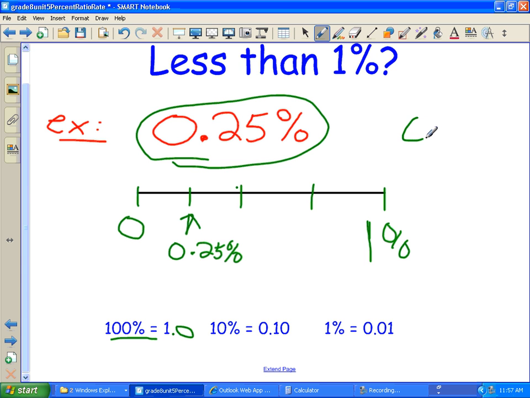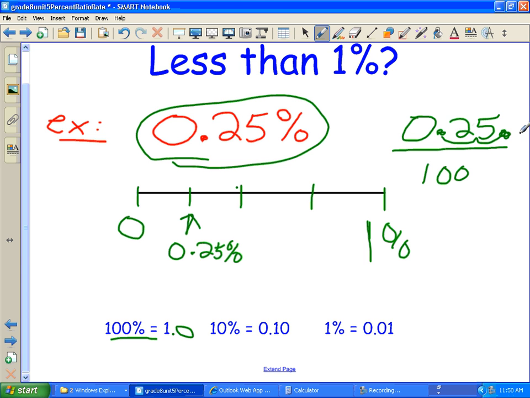So we got 0.25%. Well, let's put 0.25 just like we did before. And remember, percent means out of 100. Now, the only thing we got to do is get rid of this decimal that's in the fraction by shifting the decimal 2 places to the right.